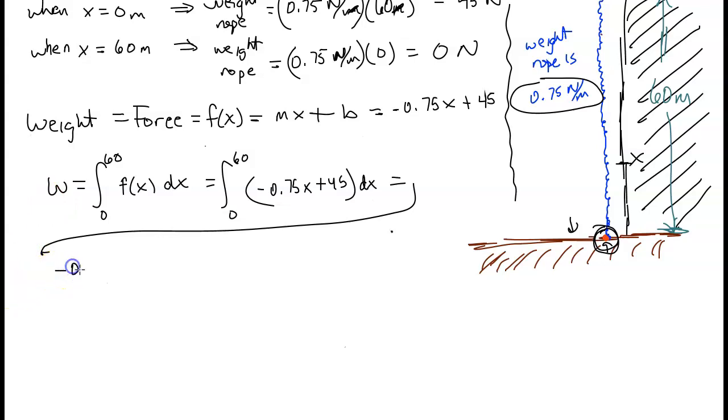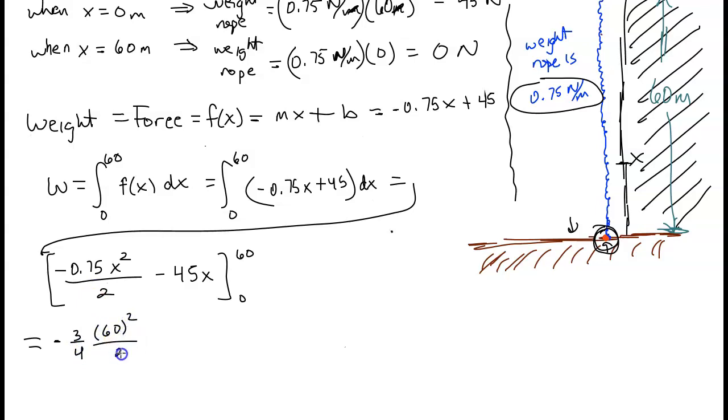So we'll say this is minus 0.75 x squared over 2 plus 45x, and that will be evaluated from 0 to 60, and this will be a minus 3 over 4. I'm going to change that to a fraction there and see if I can do some reducing.